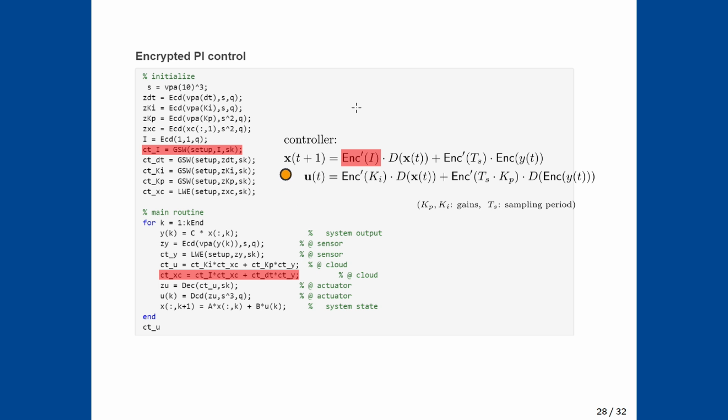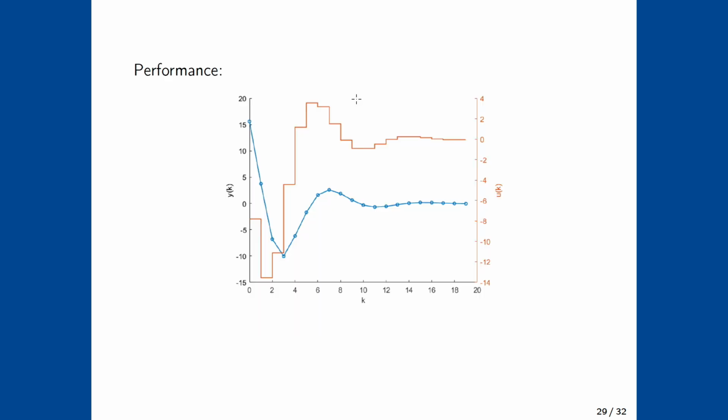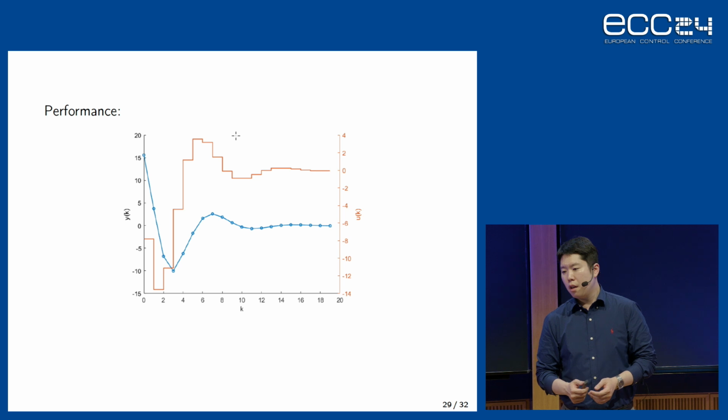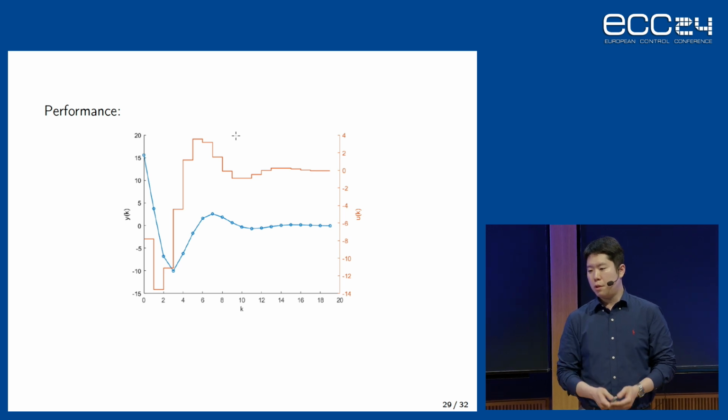And then you can multiply this encrypted matrix to the encrypted state again and again for an infinite number of times. Despite the recursive operation, still the performance is equivalent, so that it is sufficient to stabilize the plant.